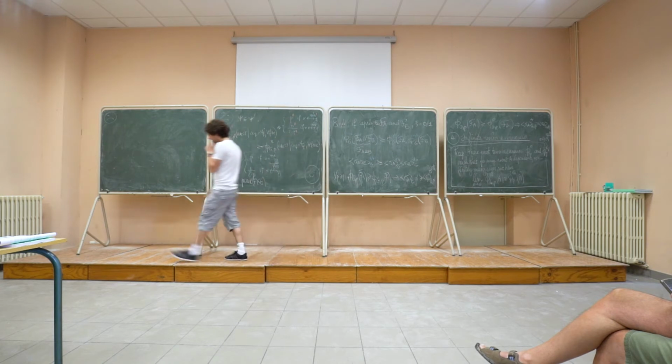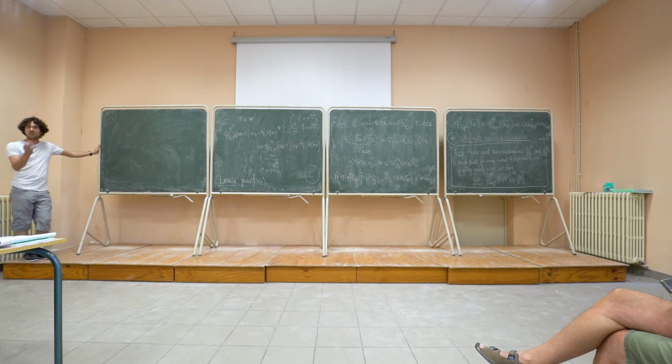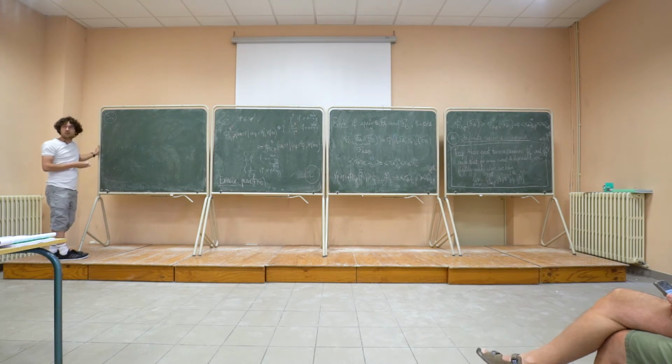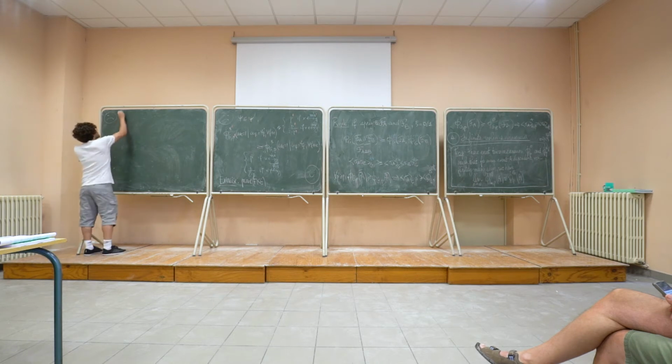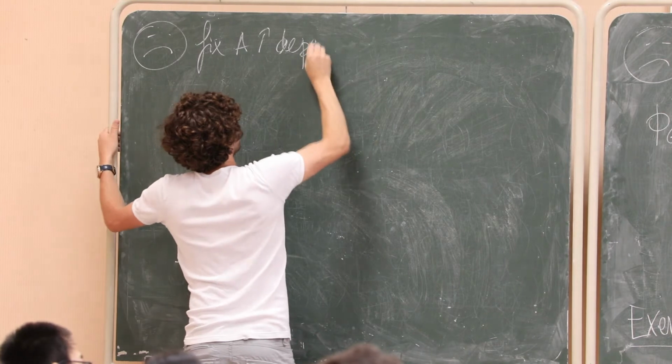So the idea is that any event depending on finitely many edges can be written as the inclusion-exclusion of increasing events, and for people that are bored, you can try to prove this fact. Then it's sufficient to prove the convergence only for these increasing events. Okay, so fix A increasing depending on finitely many edges.